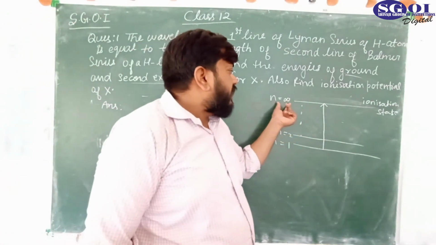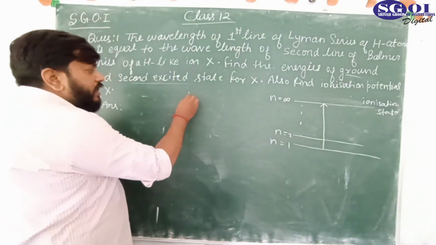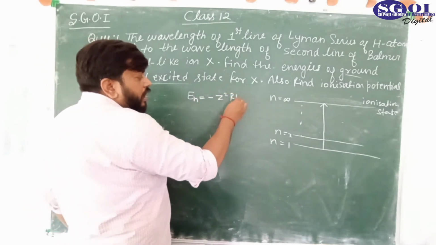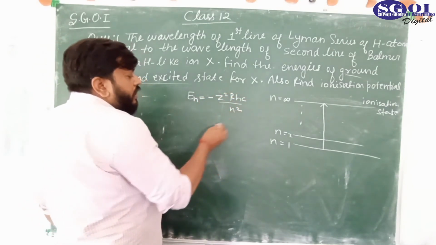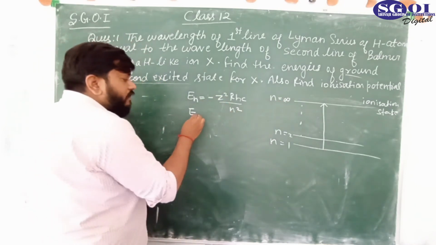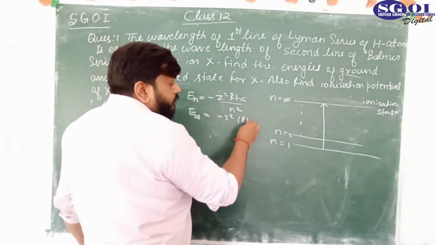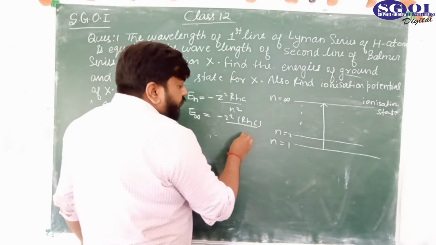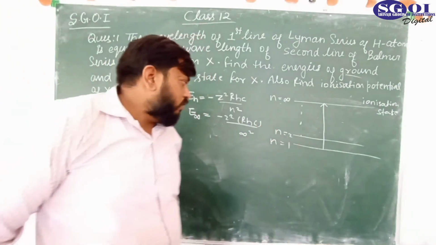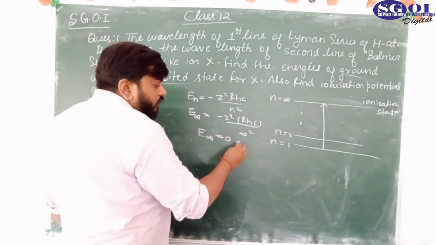As we know, the energy in the ionization state is En equal to minus Z square Rsc by n square. For helium, we have to find E infinite. E infinite is equal to minus 2 square Rsc upon n, which is infinite, square, and 1 by infinite is 0. So E infinite is 0 electron volt.